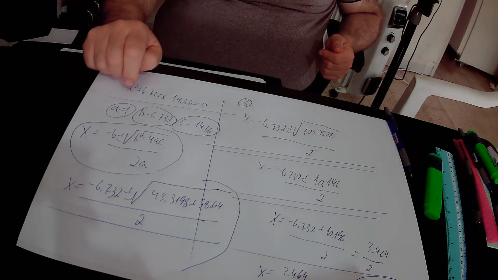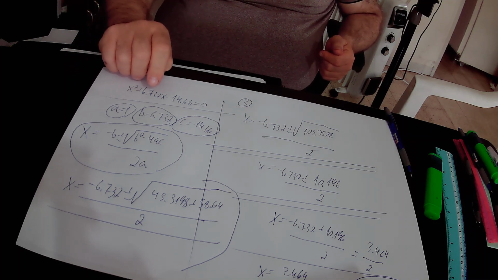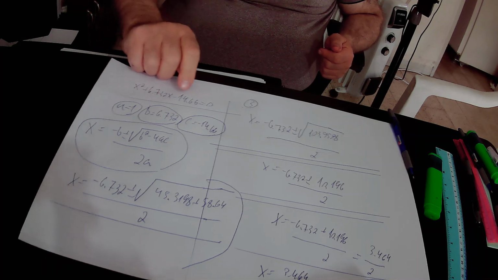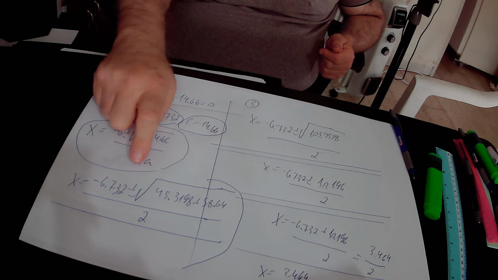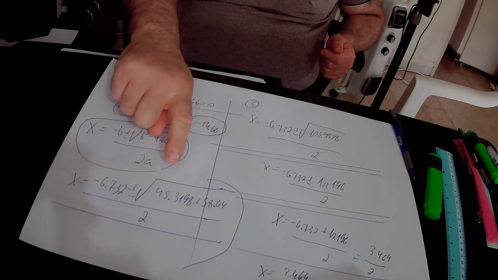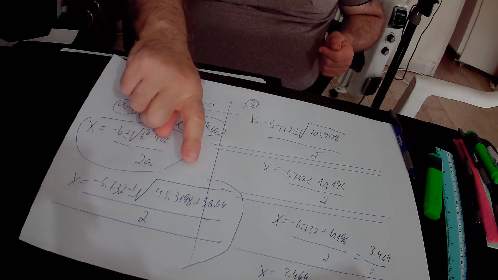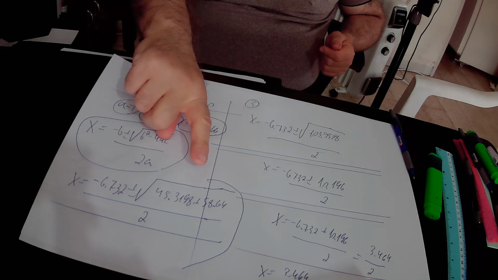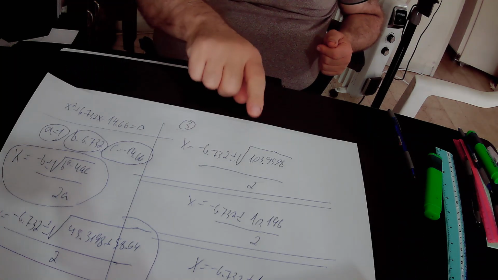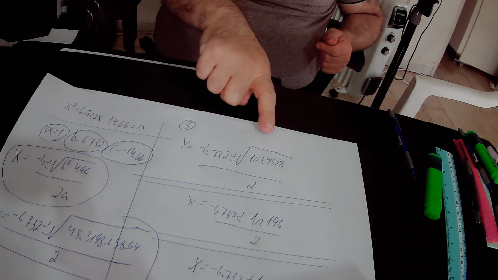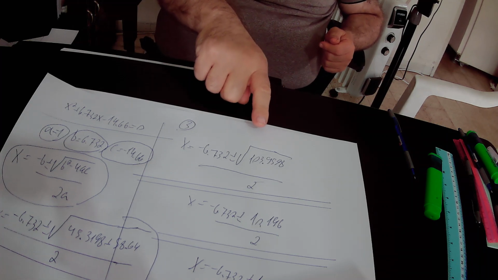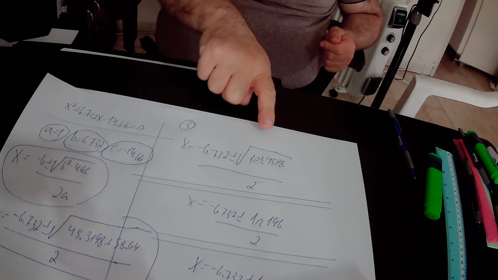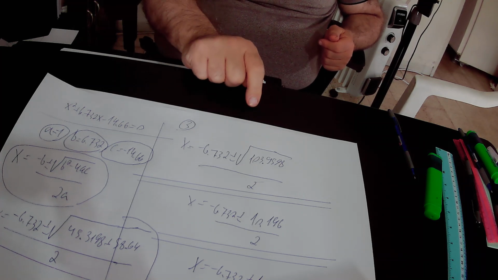So in conclusion, x equals minus 6.732 plus or minus the root of 45.3198 plus 58.64, that equals 103.9598. So inside the root we are left only with 103.9598, all divided by 2.